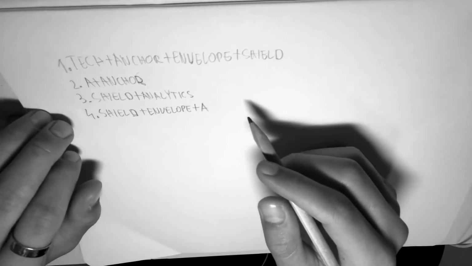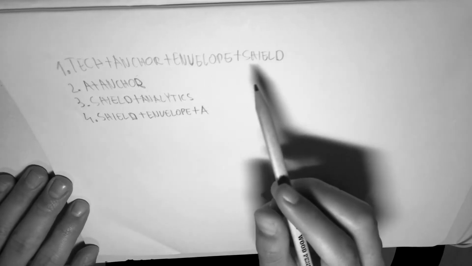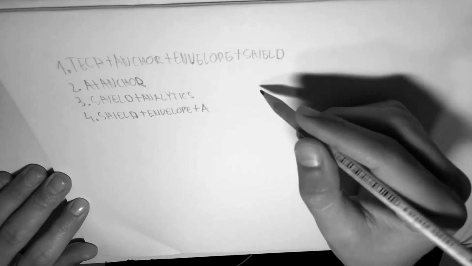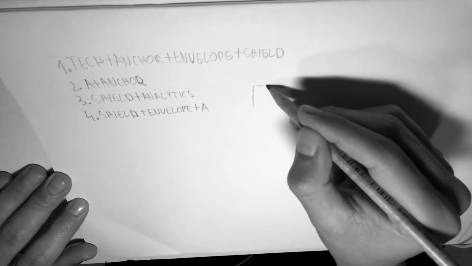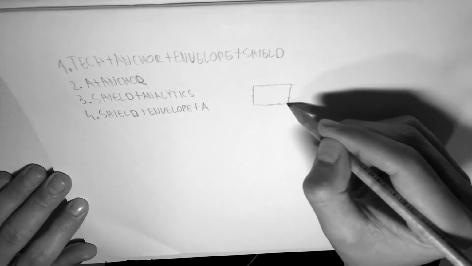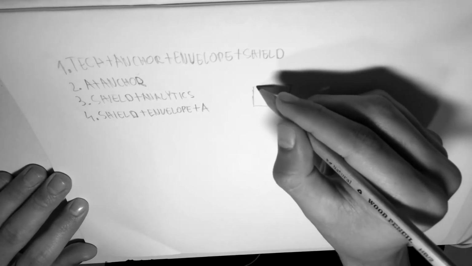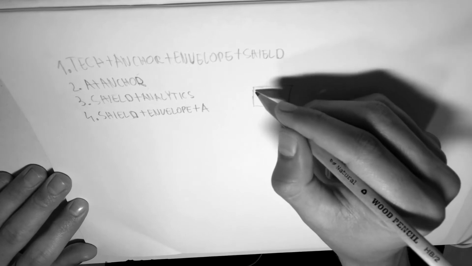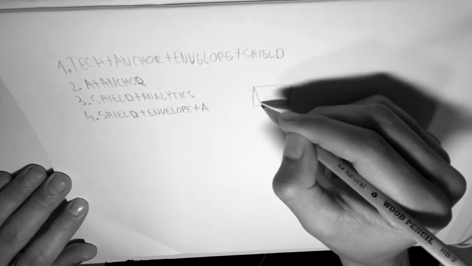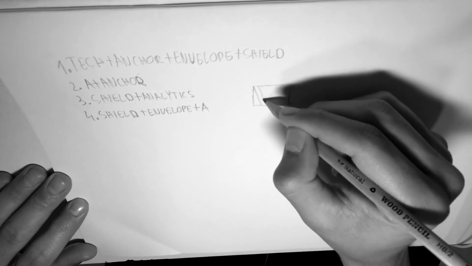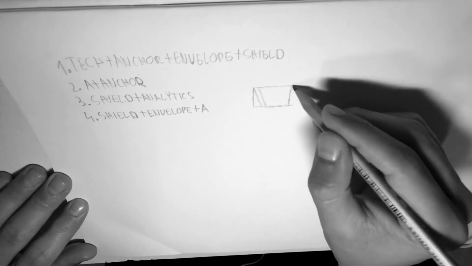Okay guys, so I've written down the ideas and now we're gonna start sketching. We're gonna go with the first idea. We can create technology anchor plus envelope plus shield. So we can do something like this. There's an envelope. Maybe a shield like this.